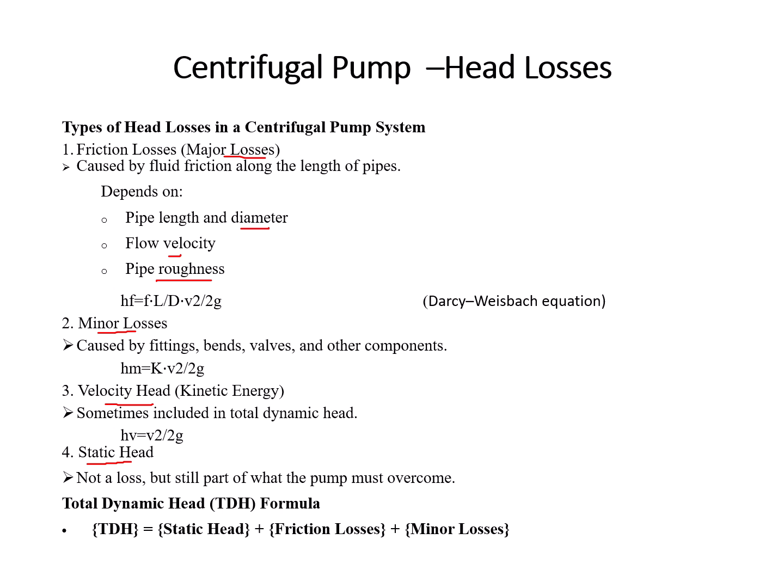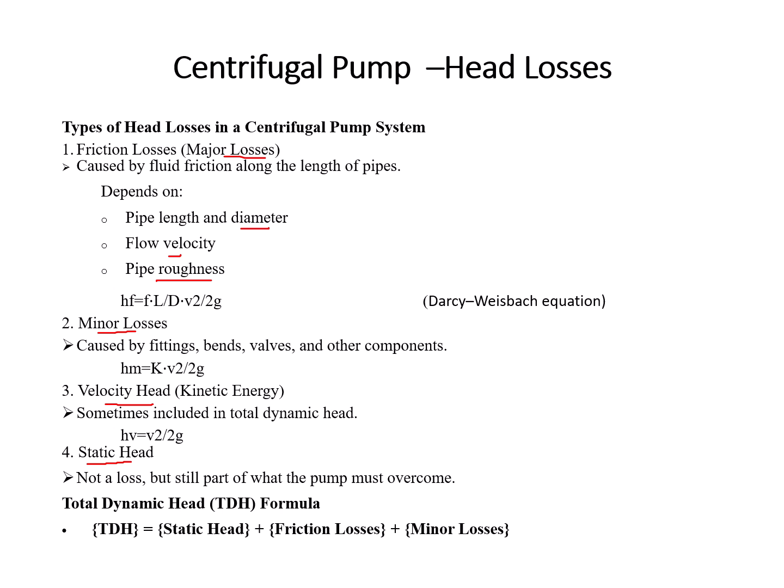From here it is very clear that the friction losses depend directly on the friction factor and the length of the pipes, and indirectly on the diameter because it is in the denominator.